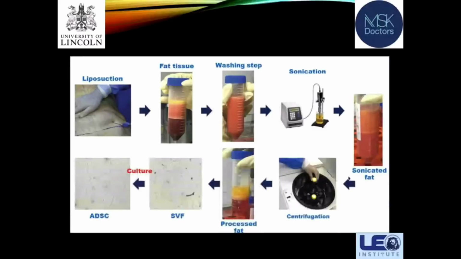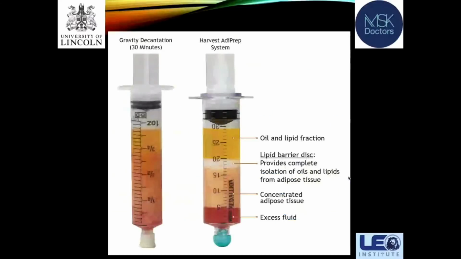After that, we may use centrifugation, and then we process the fat. With an appropriate environment, appropriate culture and appropriate stimulant, we can start growing cells. So the processing technique is extremely important with fat cells.